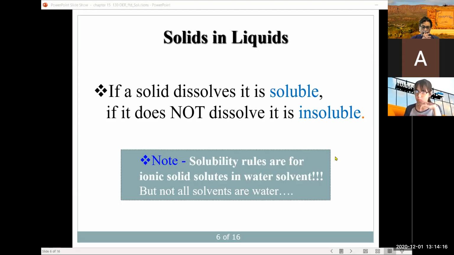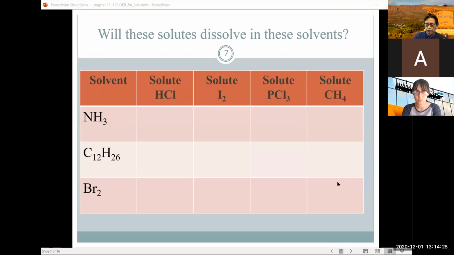Now, the solubility rules here, again, we can't forget them, but we utilize them here. Not all solvents are water, as I stated earlier. It tends to be the most common solvent, but you can use a variety of different chemicals to constitute a solvent. And so here the question is asked: will these solutes dissolve in solvents?